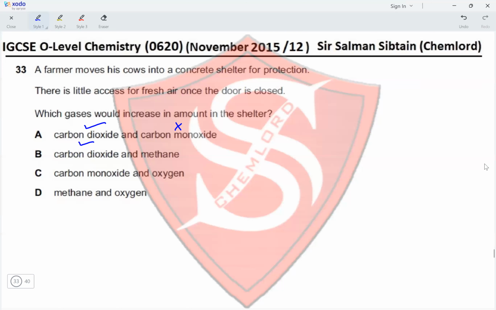Carbon dioxide and methane, yes, because they would eat vegetation which would release methane, and exhaling would produce carbon dioxide. Next, carbon monoxide and oxygen, no, the amount of oxygen would decrease and carbon monoxide would not be present. Methane would be present, oxygen would be decreased in quantity because of breathing. So this makes option B the correct option for this question.